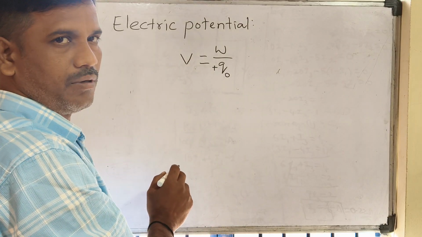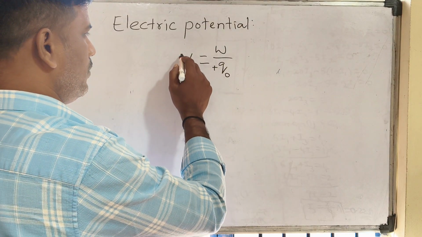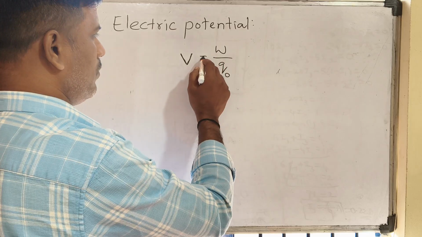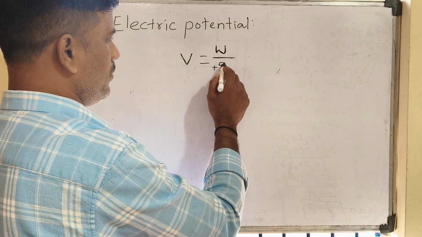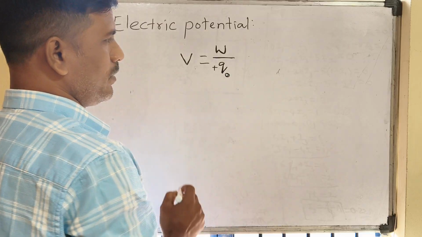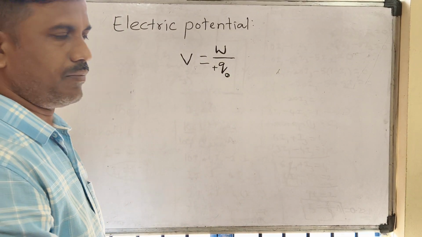It is a positive test charge, not a negative charge. So electric potential is the work done per unit positive test charge.